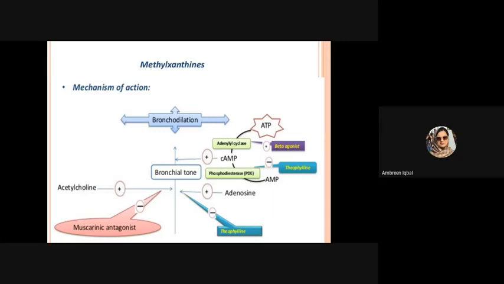But we don't want to convert this cyclic AMP to AMP, as we want to cause more bronchodilation in the patient of asthma. So what we do is inhibit this enzyme so that the normal concentration of cyclic AMP present in the tissues continues to work, enhances and activates the other protein kinase enzymes, and promotes bronchodilation.